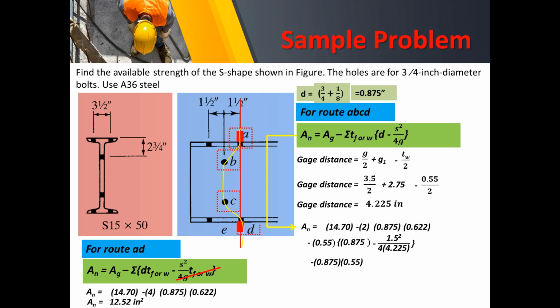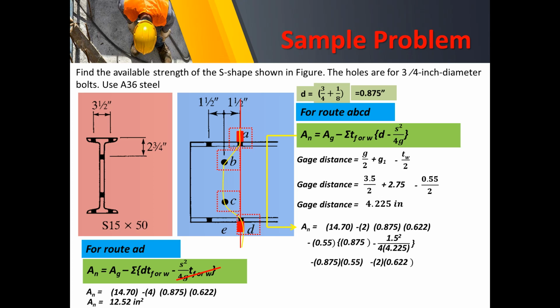So moving on to point D. Again, we less that one. There are 2 bolts with the flange thickness. Now, point D, the bolt at D is on the flange. So we use the flange thickness 0.622.